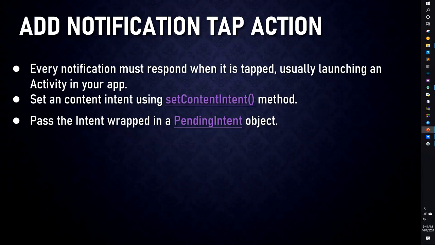Whenever you receive a notification like from Tabo or Alipay and you click on it, it opens the app, it launches an activity found in that specific app. You define this by using the setContentIntent method, so that it will open whatever activity you specified, and you can also pass the intent wrapped in a PendingIntent object. We'll get into this in the practice part.